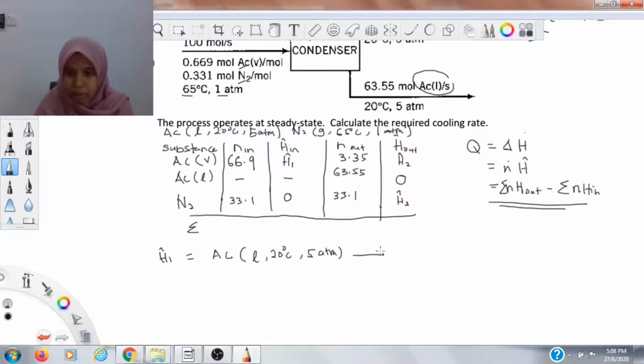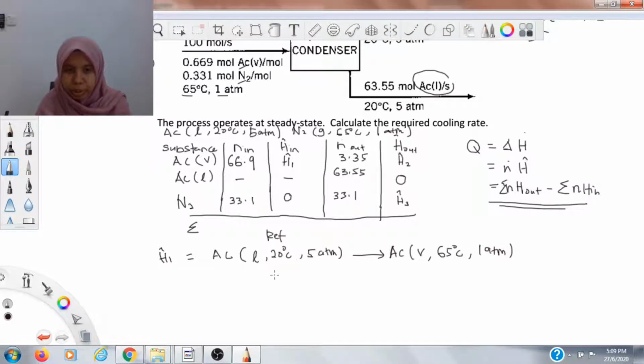Because we are now calculating the H in, the inlet for the acetone is vapor, at a temperature of 65 degrees and a pressure of 1 atm. So this is the main path. This is the reference which you set earlier, then this is the condition at the inlet.